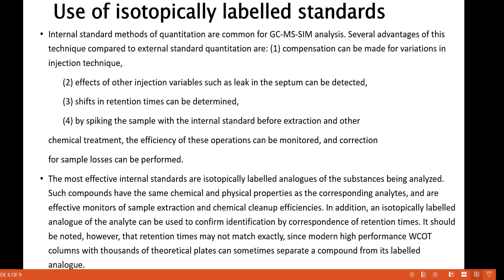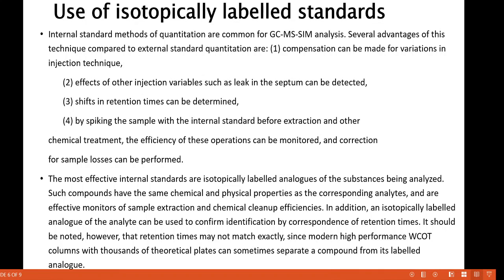The shift in the retention time can be determined by spiking the sample with the internal standard before the extraction and other chemical treatment. The efficiency of this operation can be monitored and the correction for the sample losses can be performed.